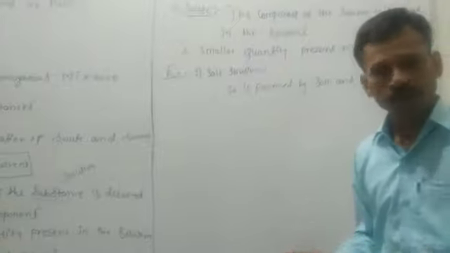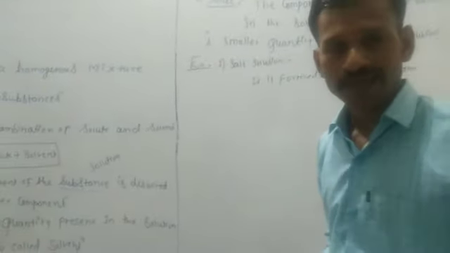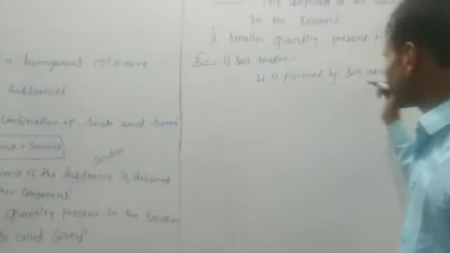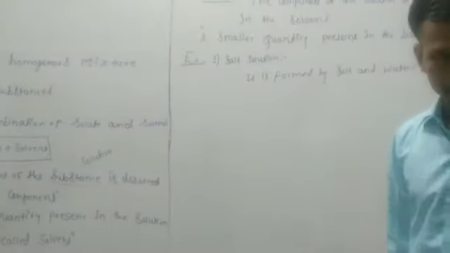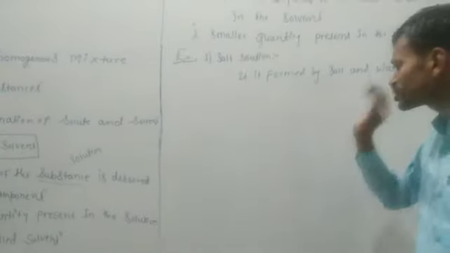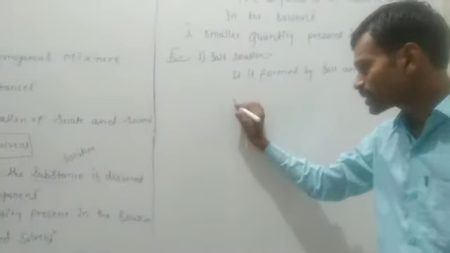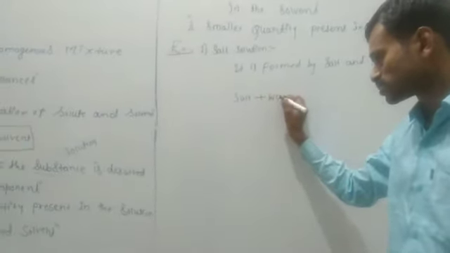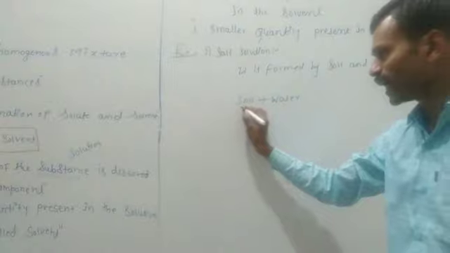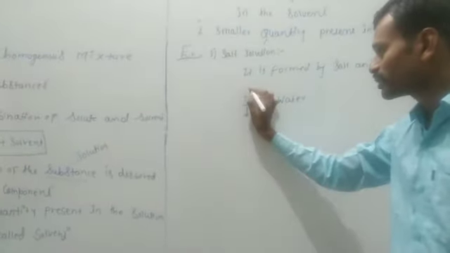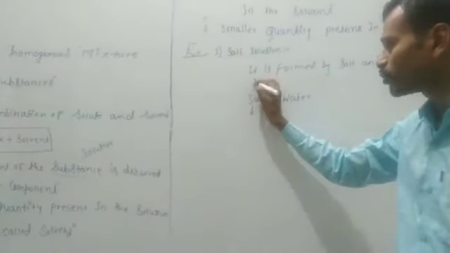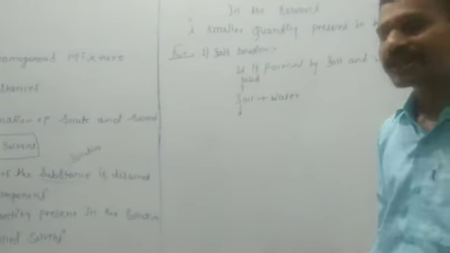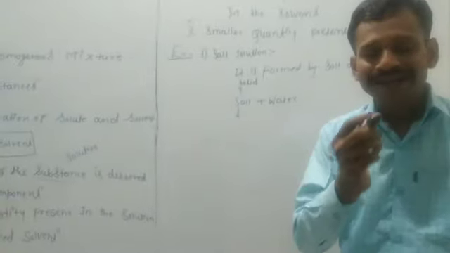Salt means our common salt, NaCl, chemical name sodium chloride, and the other is water. What is the physical state of this common salt? Solid is the physical state.